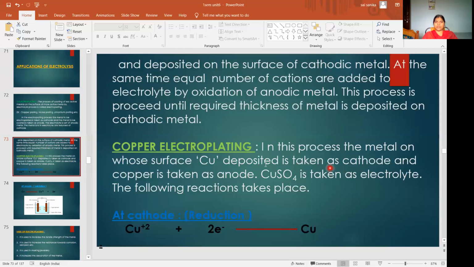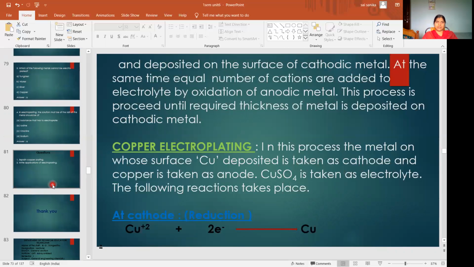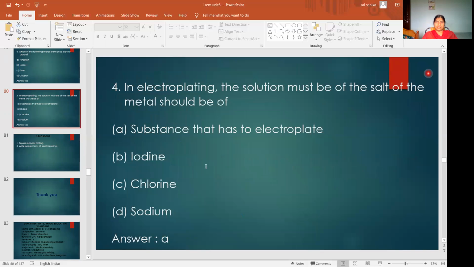If you want to deposit zinc, zinc sulfate solution will be the electrolyte. That's what he is asking. So what is the answer? Whatever substance we are plating, the solution should be the salt of that substance. The answer is A.